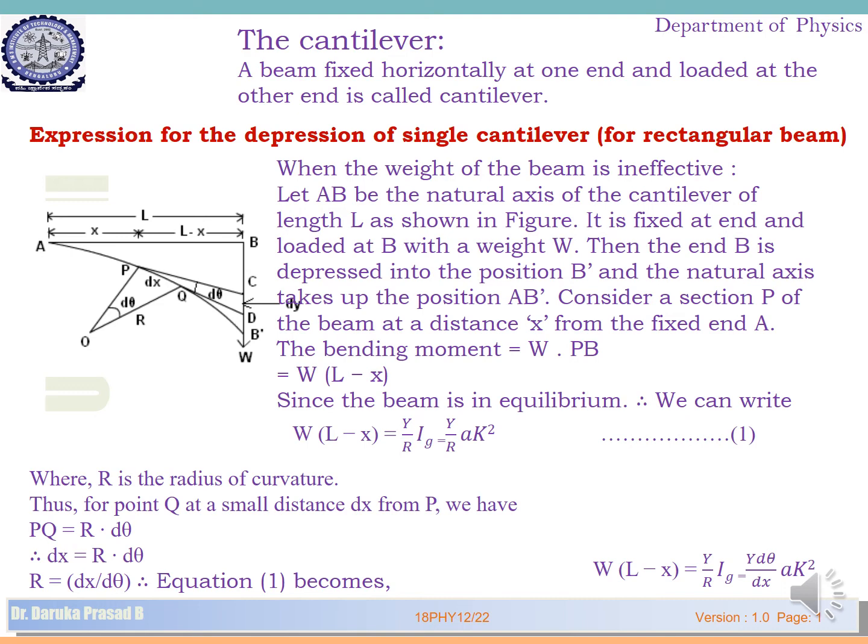Since the beam is in equilibrium, we can write the bending moment from the previous derivation, that is Y by R into AK square, which is equal to W into L minus x, where R is the radius of curvature.